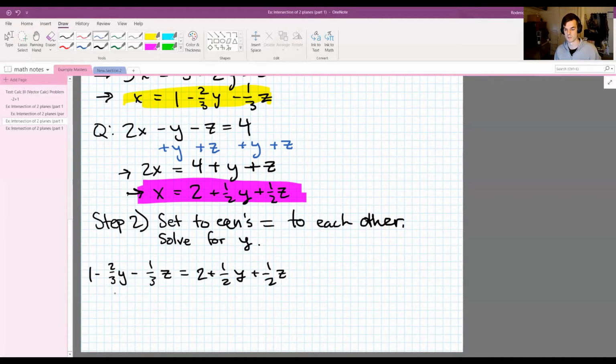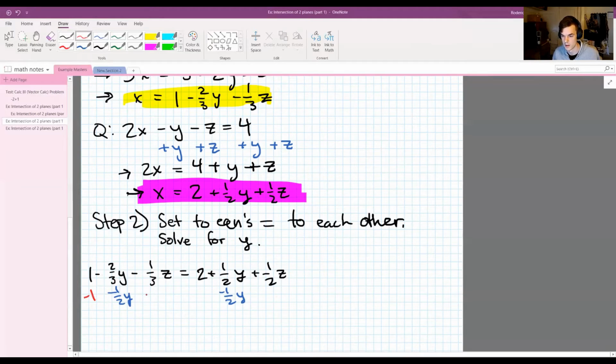And here we're going to try to isolate the y on the left-hand side, so I'm going to take it off the right-hand side, and then move everything else that's not a y over to the right-hand side.